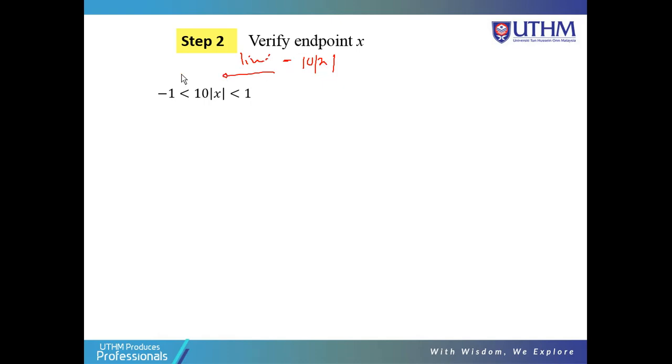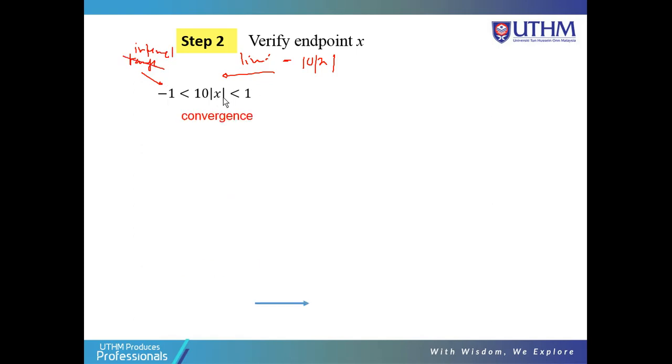The next step is the endpoints. You have 10x from the limit. For convergence, you automatically write that the absolute value of 10x is less than 1, so 10x is between -1 and 1. This is the range, the interval of x from -1 to 1.